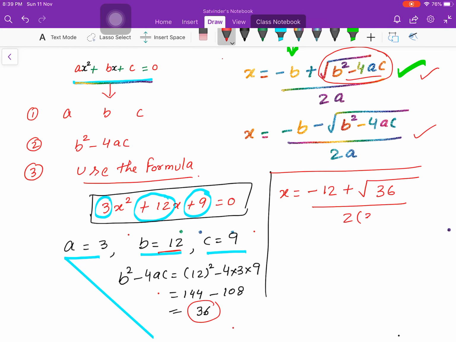A is already 3. Let's simplify this. Negative 12 plus the square root of 36, which is 6, over 6. So your answer will be negative 6 over 6, which is negative 1, sorry.